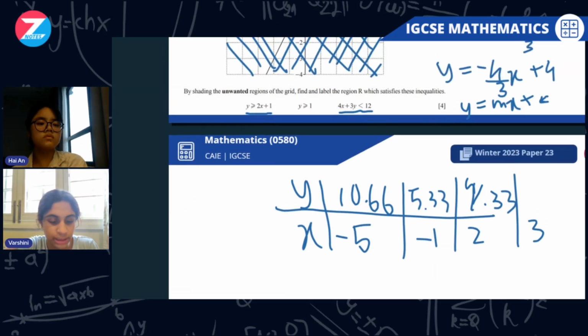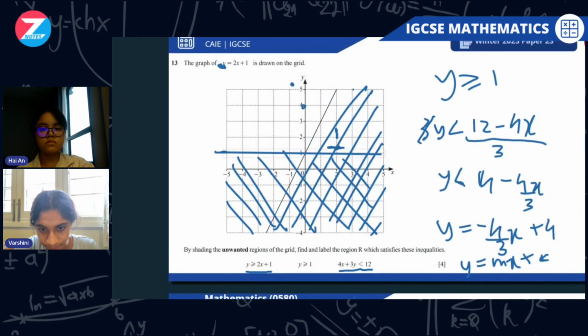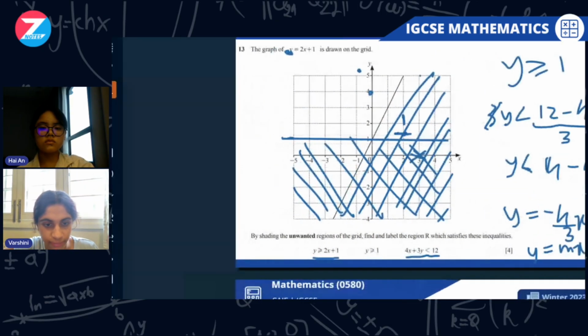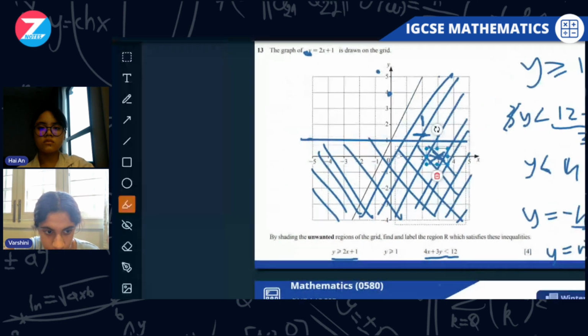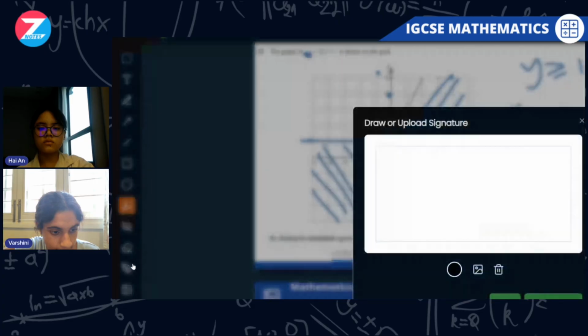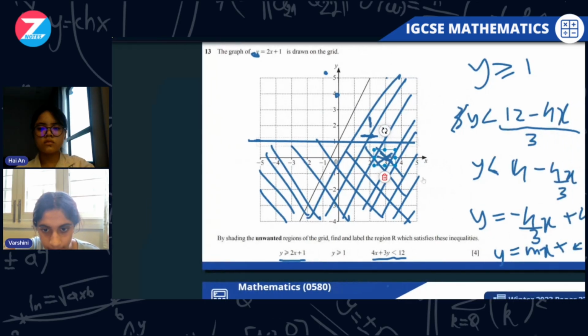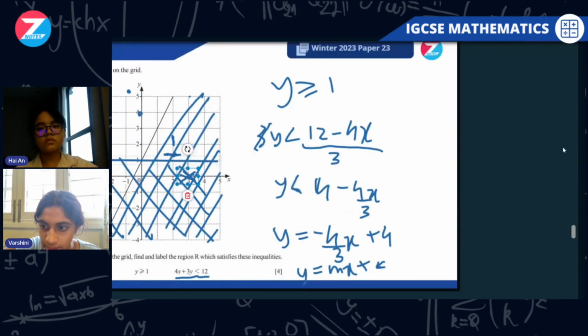So now let's do 3 into minus 4 divided by 3 plus 4, and that's just 0. So at 3, y equals 0. So it's going to be over here. It's not very visible. Let me use a different color. Sorry, 1 second.